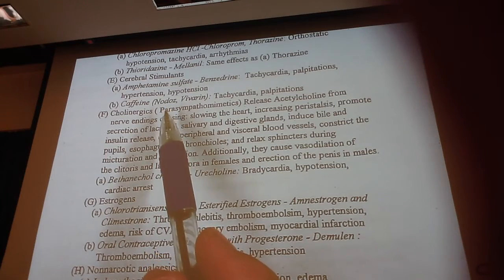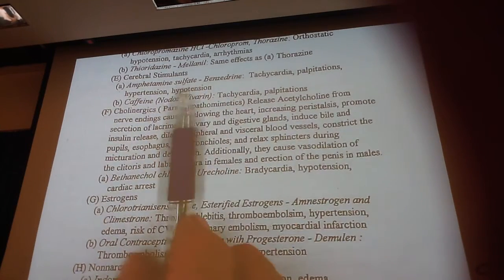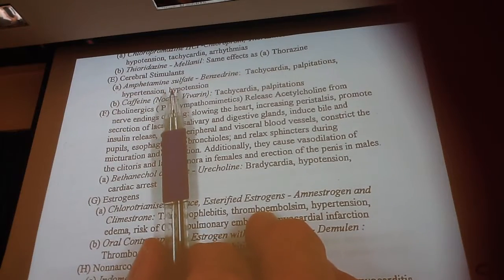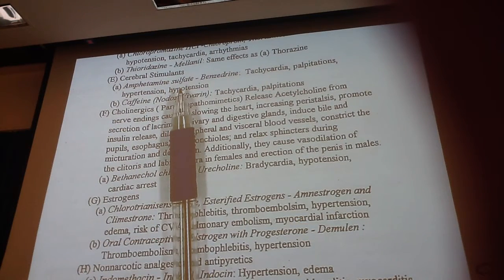Yes. These are adrenergic receptors. Yeah, you have what they call A1 and A2 receptors in your blood vessels. And when they're stimulated, the A1 receptors are found on blood vessels throughout your body. So you stimulate that, and all of your blood vessels dilate.